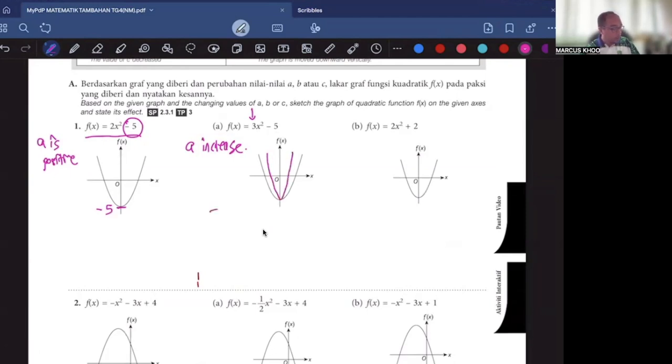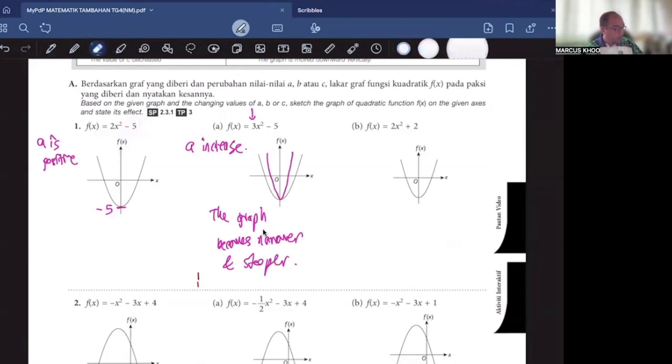So the graph becomes narrower and steeper. Okay, question B, compare to the original one. Always compare to the original one.